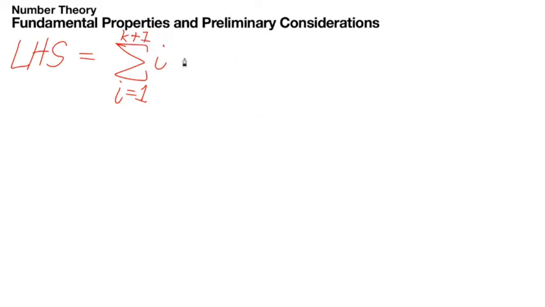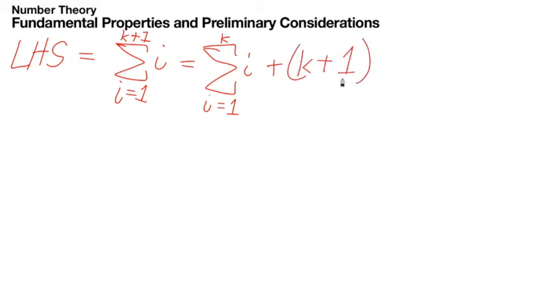It's just equal to the summation of all i running from 1 to k plus this k plus 1, which makes sense because the summation of i from 1 to k plus 1 is just the summation of all i's until k added to k plus 1, because we just increased the upper limit by 1. These two terms are just equal.